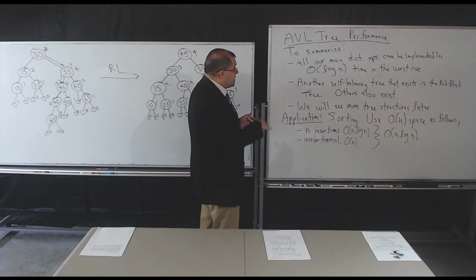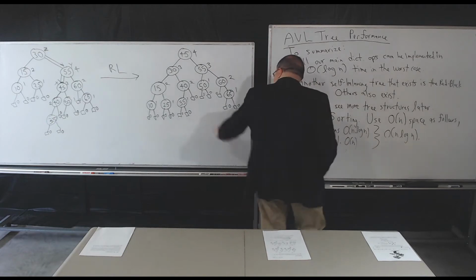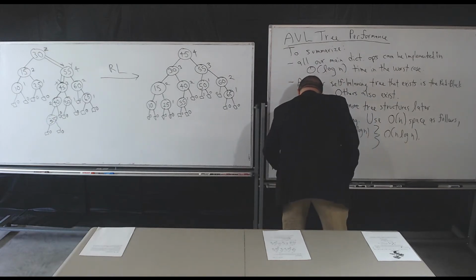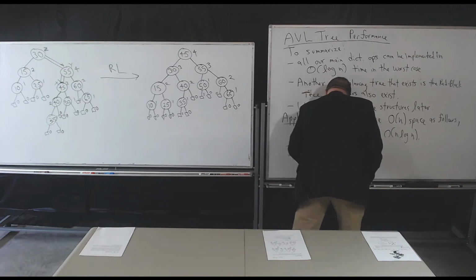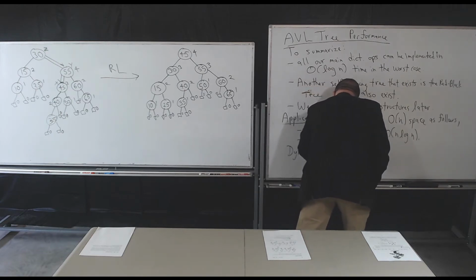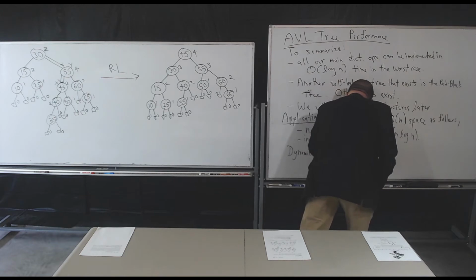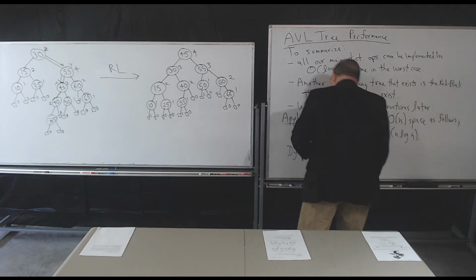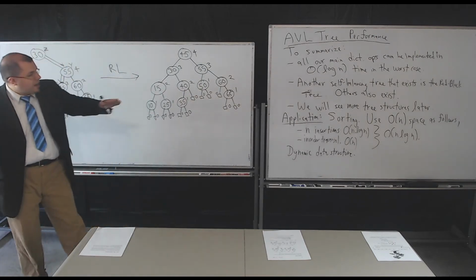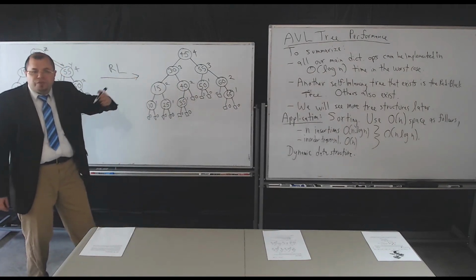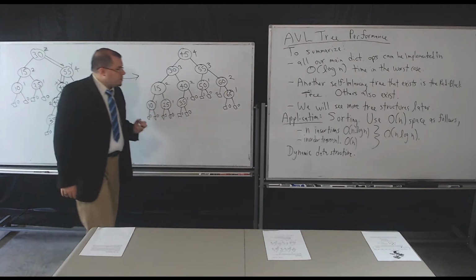Instead, what I can do is I can dynamically resize my structure. So this is a dynamic data structure. If ever I want to just get a sorted list of all of these, I can just dynamically insert or remove elements from my tree.